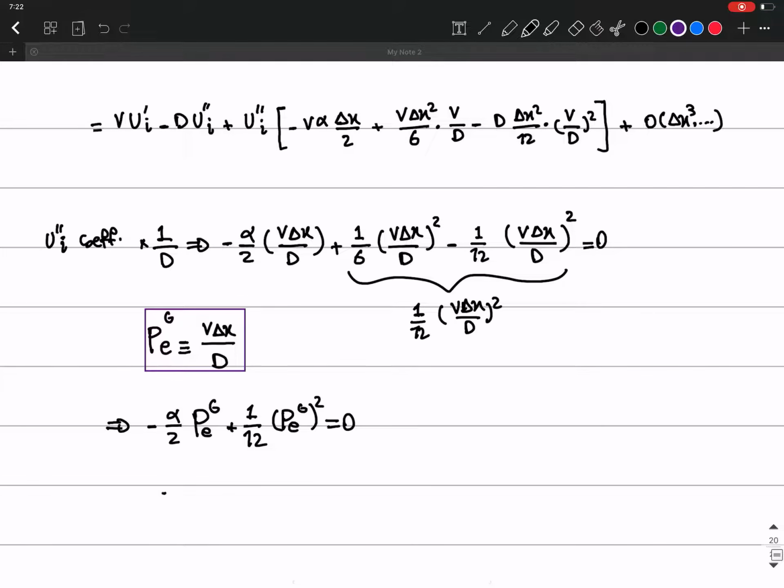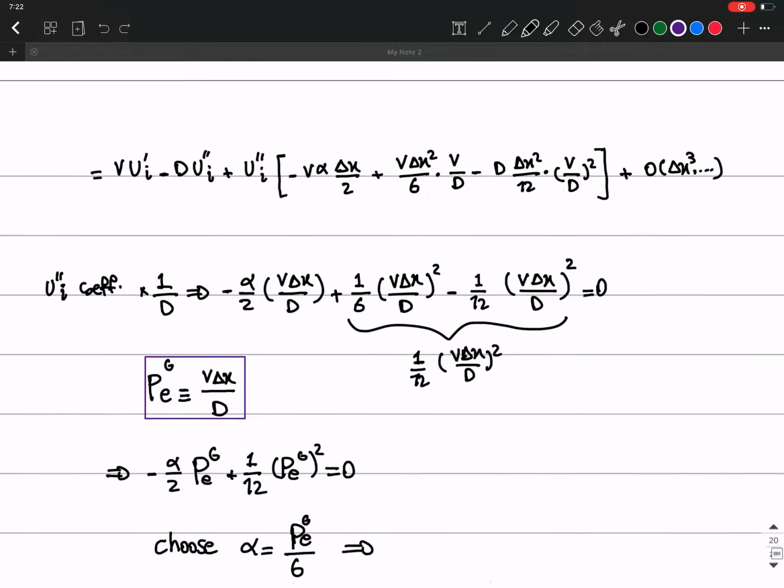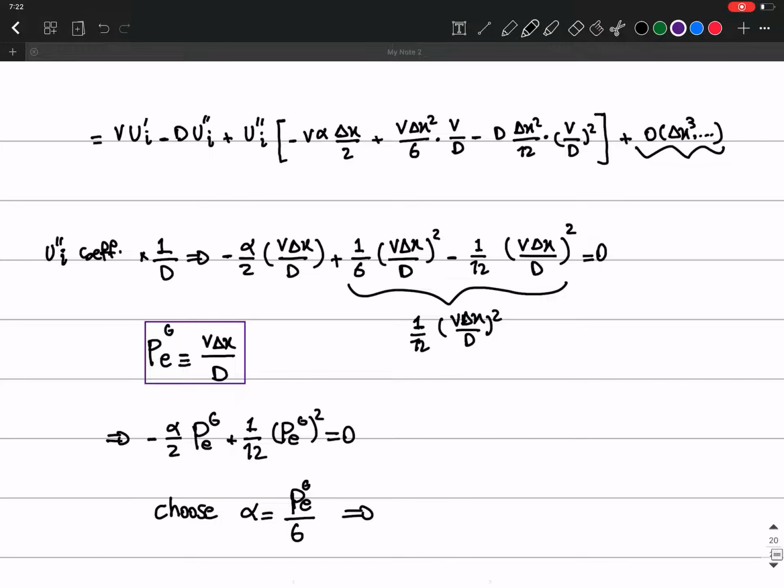So if we choose alpha to be Péclet over 6, then this is going to be 0, and so I'm going to have the order delta x cube approximation.